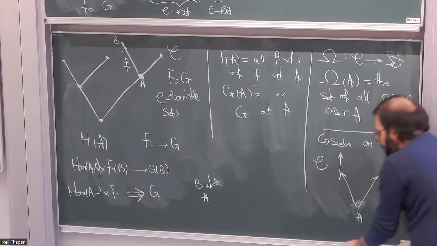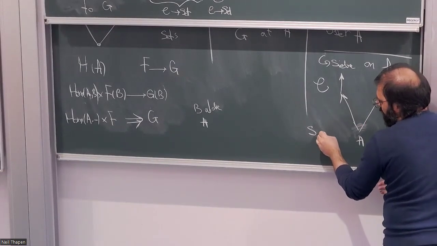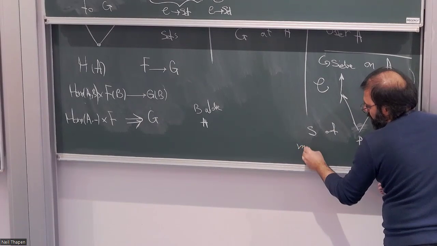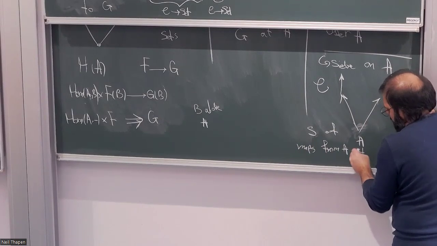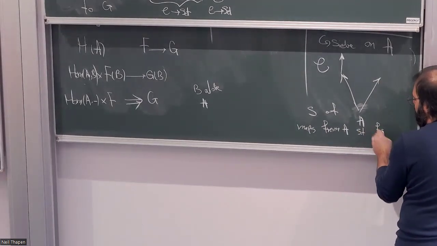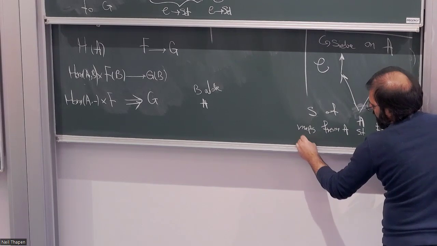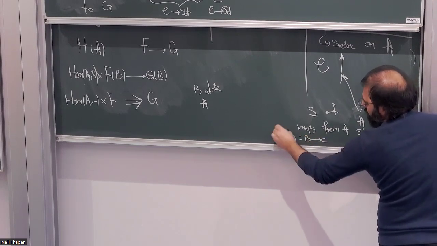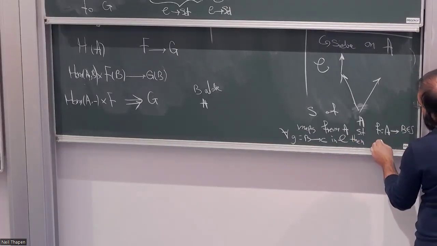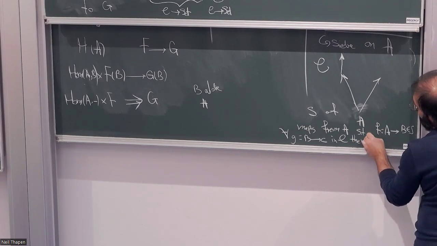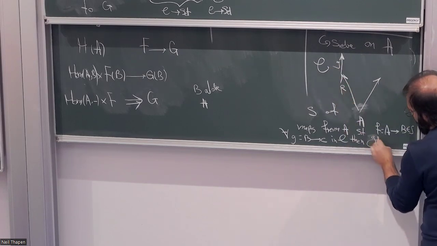So it is a set S of maps from A such that if F from A to B is in S, and you have a map, say, B to C, for any G in C, then the composition GF is also in S, right?